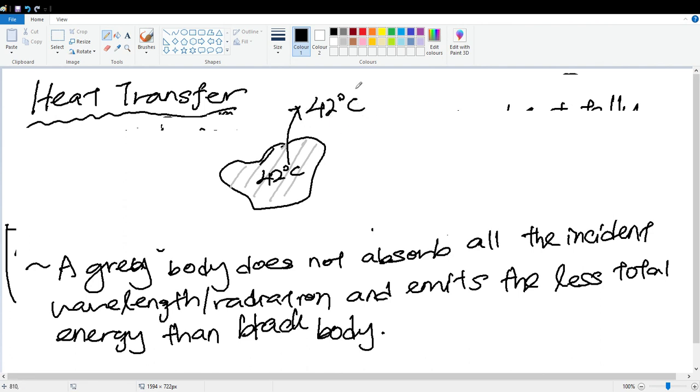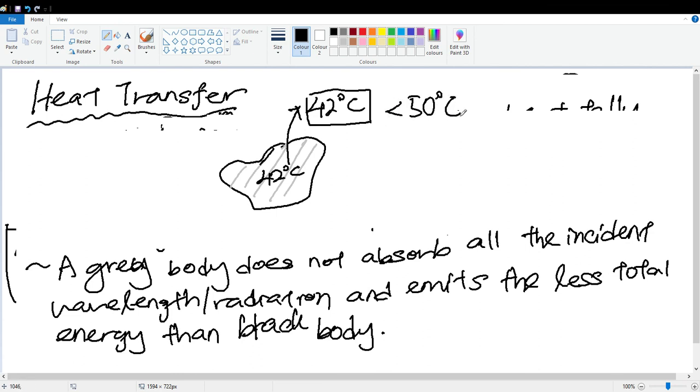So this 42 degrees Celsius indicates that the radiation, the heat energy, or should we say the thermal radiation emitted, the total energy, is actually less than 50 degrees Celsius.